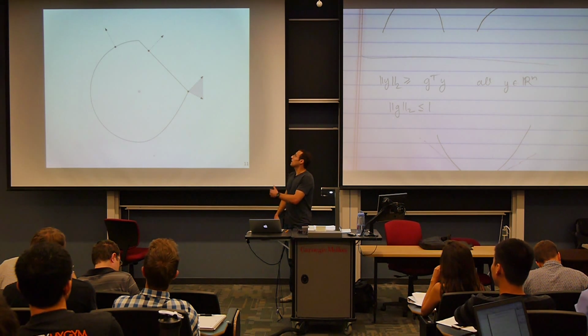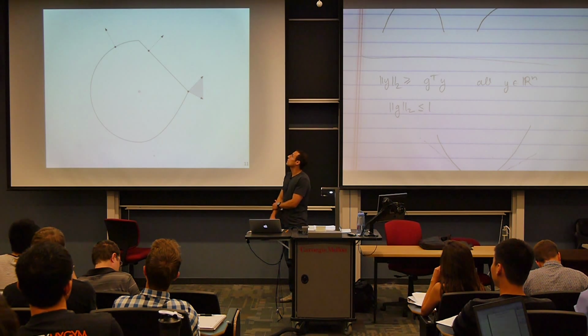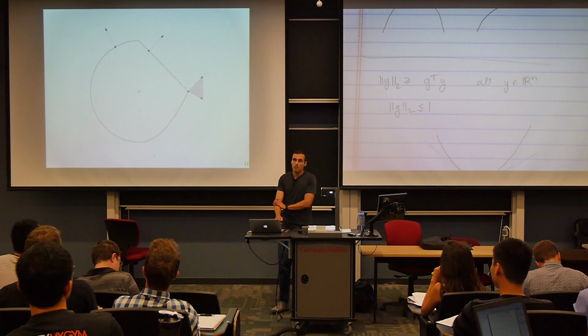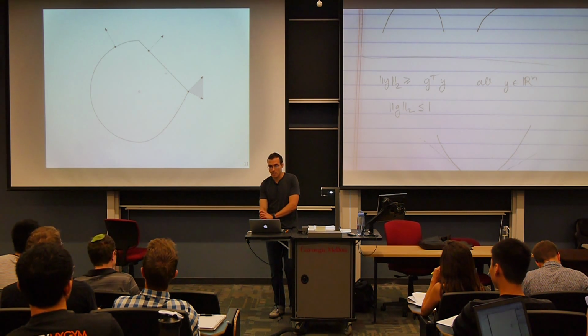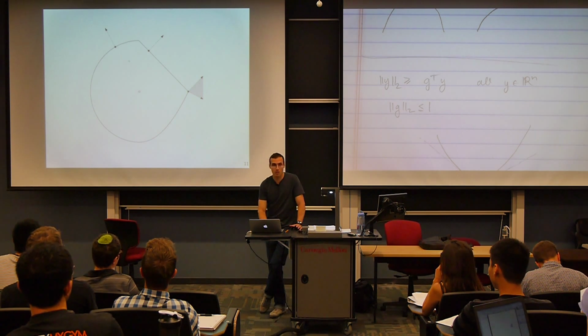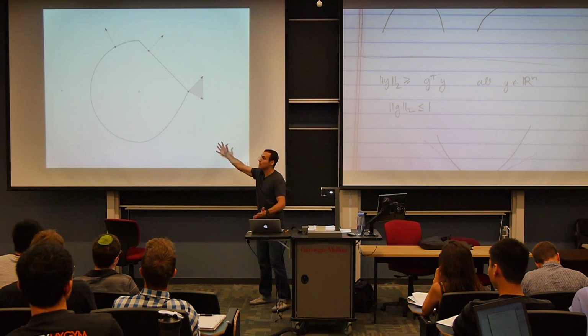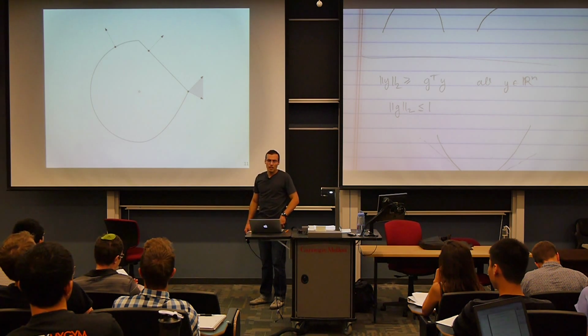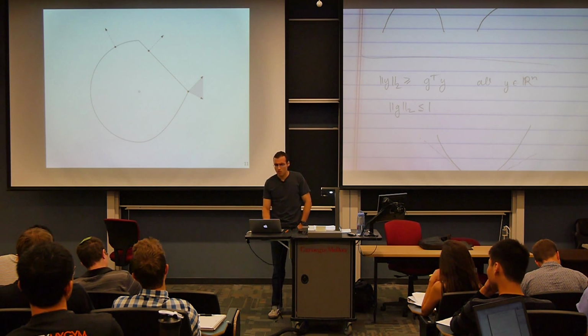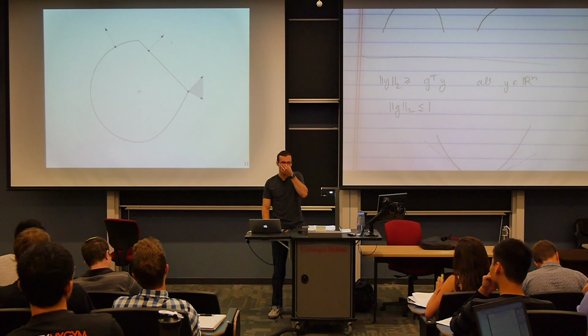But this is just the picture of the normal cone. Just to remind you what normal vectors look like, we saw this picture already. If this is the set C, and I ask for a subgradient to the indicator function over this set, which is a function that looks as follows in R3, it's just 0 on this set, and it's infinity everywhere else. Then subgradients are just elements of the normal cone. That's exactly what they are.